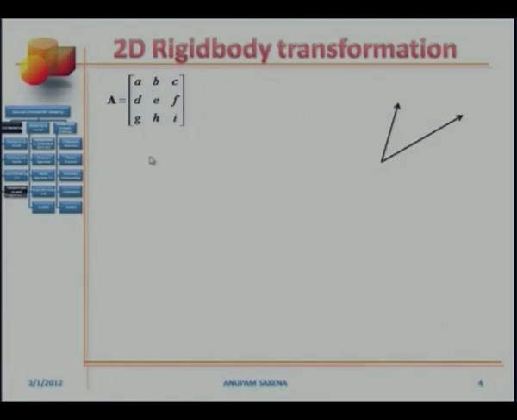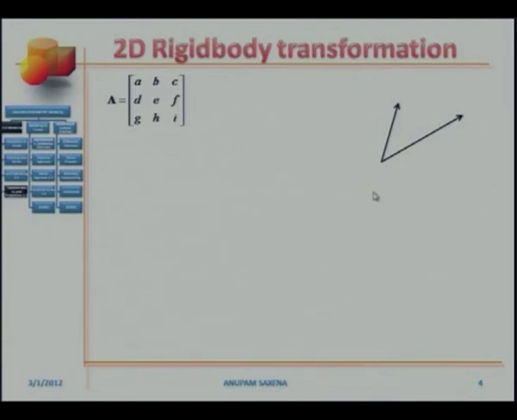We applied this transformation on, say, a solid of which, let's say, we have these two edges represented by vectors v1 and v2.